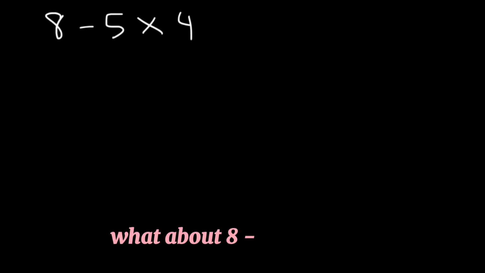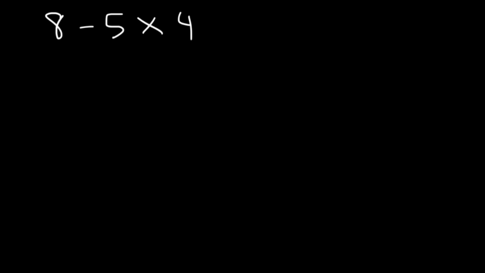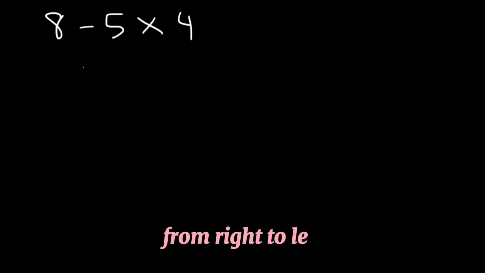What about 8 minus 5 times 4? We have two options here. The first one is to operate from left to right. The second option is to operate from right to left.